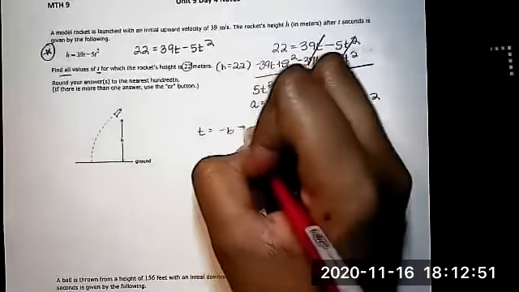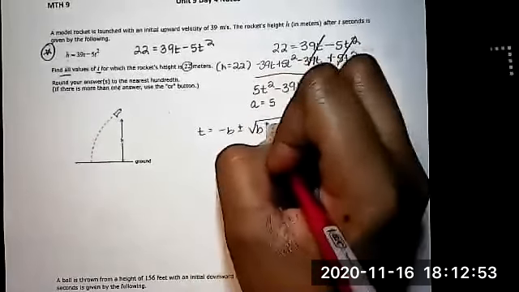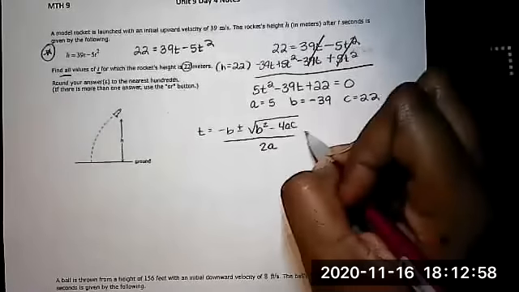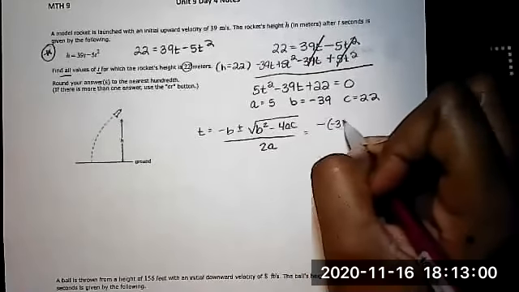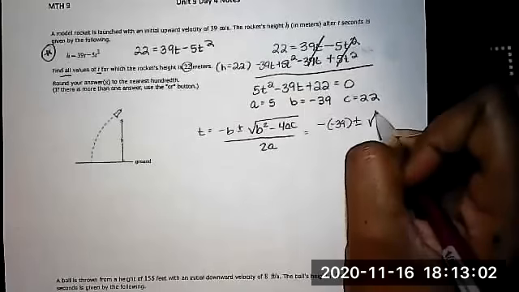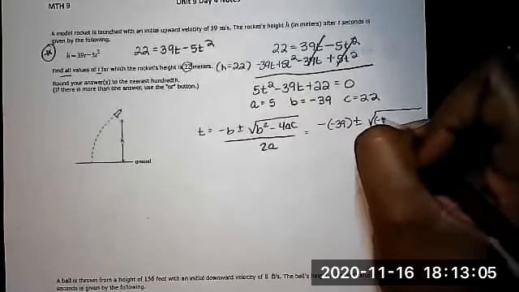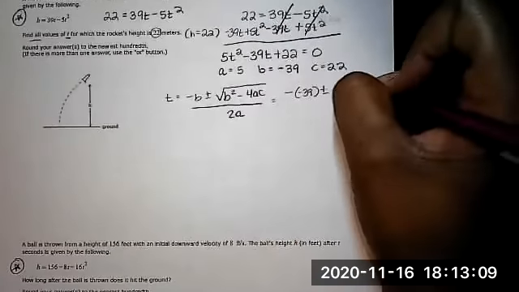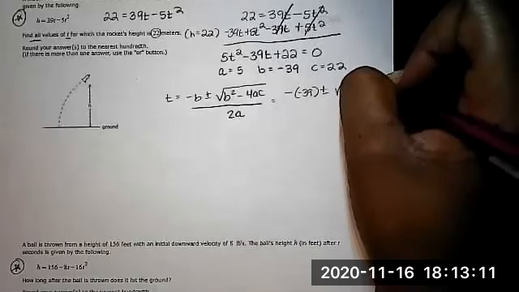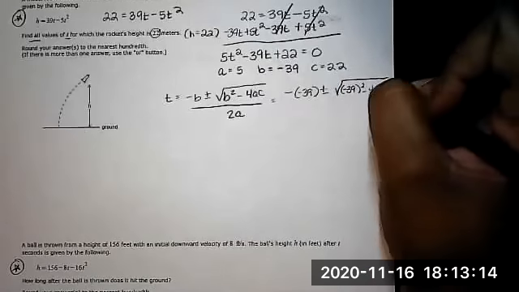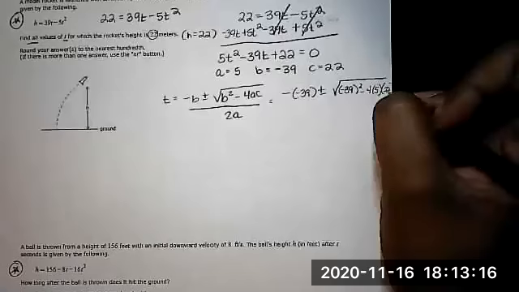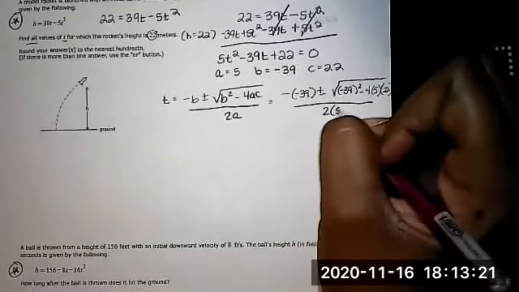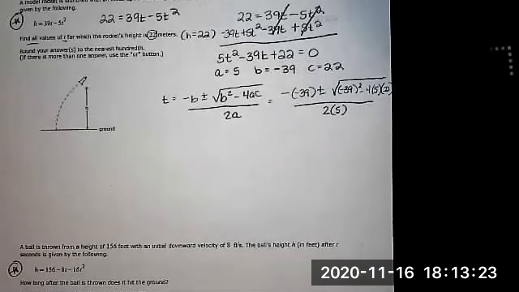So negative b plus or minus square root b squared minus 4ac all over 2a. That's that quadratic formula. Negative 39 plus or minus the square root of negative 39 squared minus 4 times a, which is 5, times c, which is 22. Sorry about that. It's right there at the corner. And then over 2 times 5, which is 2 times A. Okay.